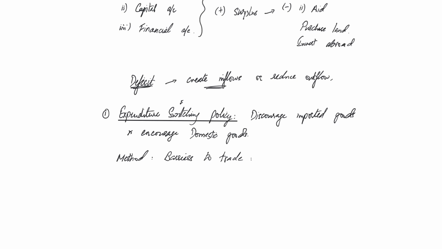So barriers to trade के अंदर जो major आता है, you have import duties, you want import duties to go up, you want to raise the quotas. That's a physical limit on the goods that can be imported into the country. Okay, these are the two major ones. Then you can even have things like embargoes, which are bans on certain goods and services. So that will even reduce imports.